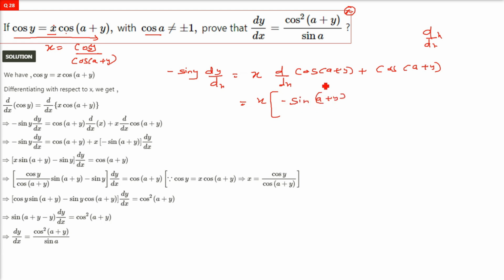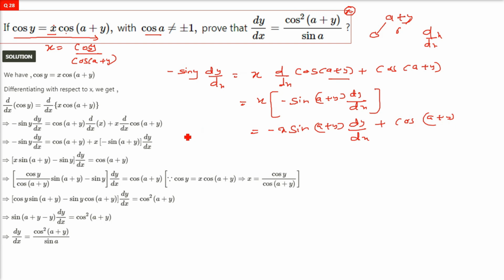Since we have a + y inside, we also have to take the differentiation of a + y. A is 0 because it is a constant, and y will give dy/dx. So this is going to be minus sin(a + y) into dy/dx. The whole will be minus x sin(a + y) dy/dx, and this cos will be cos(a + y), because for cos(a + y) we have already done the product rule.